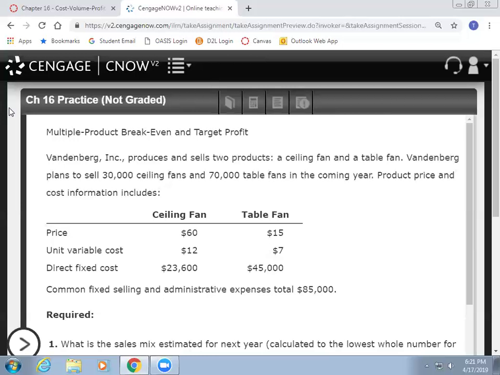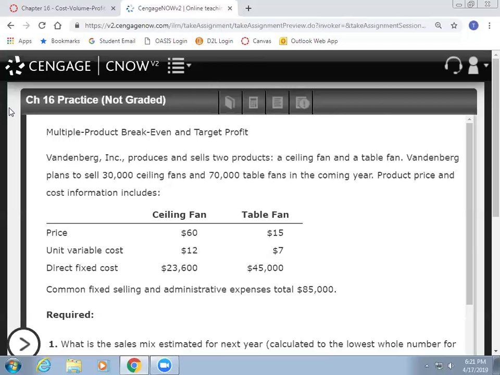For a ceiling fan, we have a price of $60, a variable cost of $12, and direct fixed costs of $23,600. Table fan, $15 price, $7 unit variable cost, direct fixed costs of $45,000. And then they have some common fixed selling and administrative expenses of $85,000.